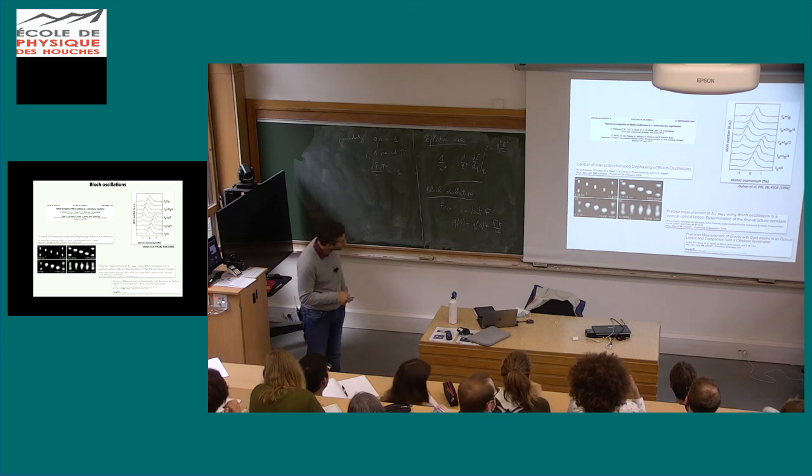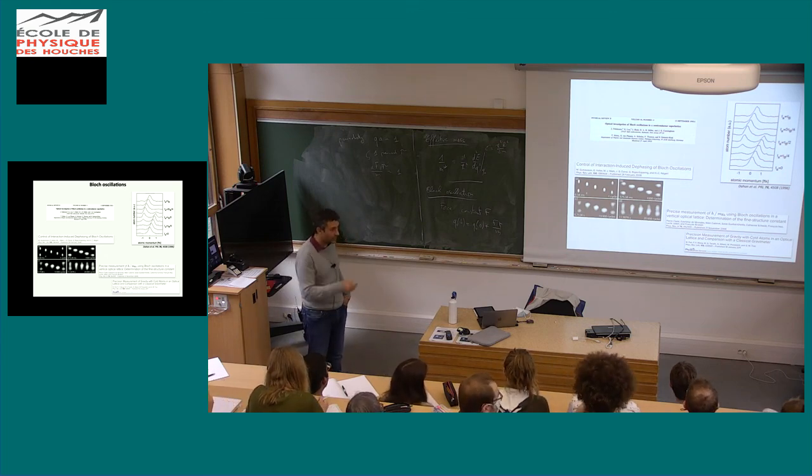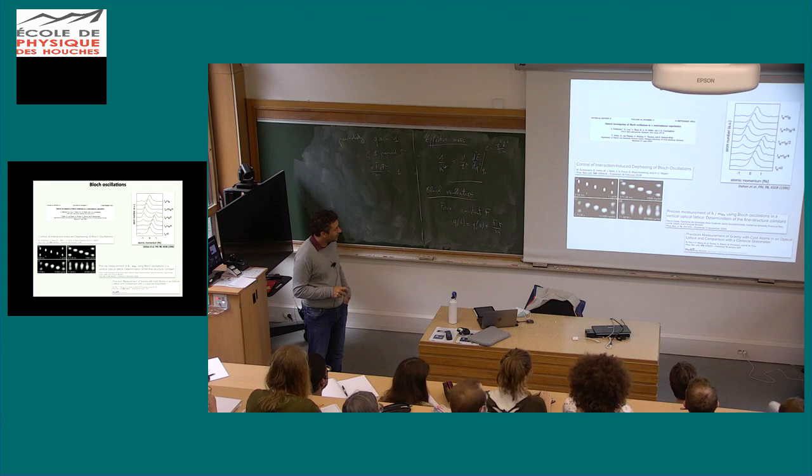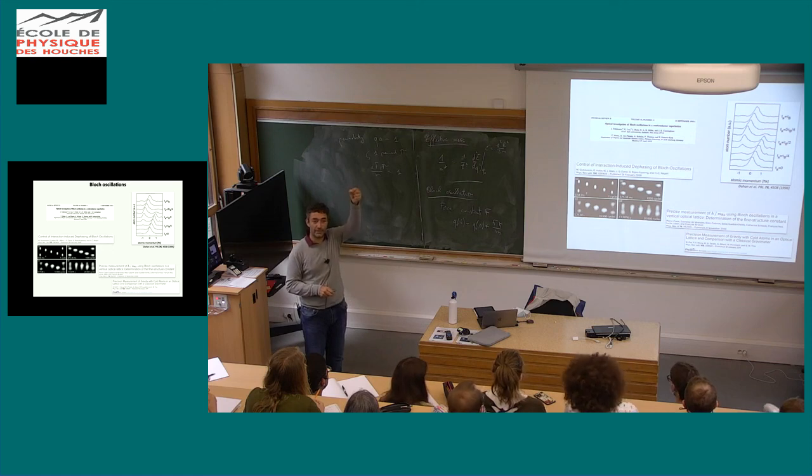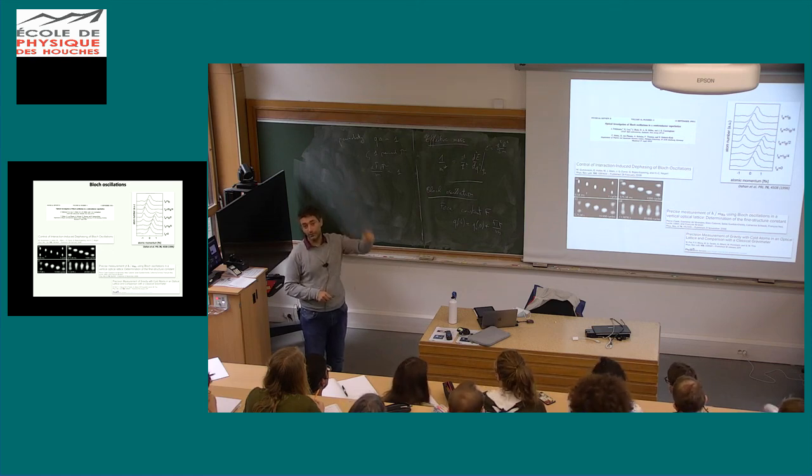So what is it used for? Well, I've just put here two examples, but most probably Frank would have better examples to provide. First of all, measuring gravity. You put your optical lattice vertically. Gravity is exerting a force. The atoms have this oscillatory behavior in the lattice.